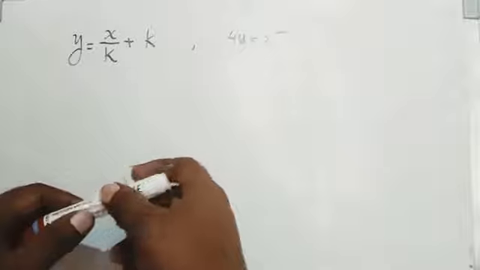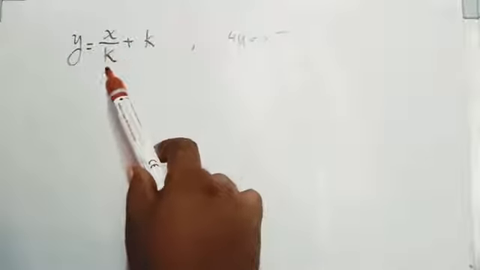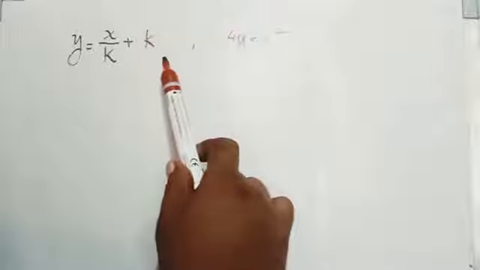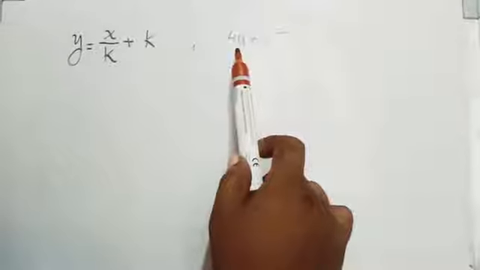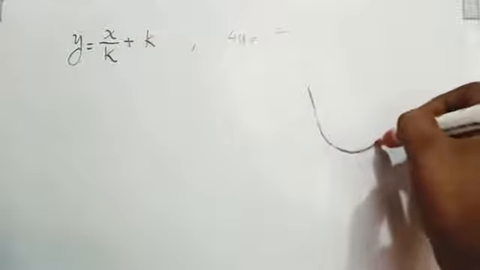As per this question, the equation of the tangent is y is equal to x by k plus k, and the equation of the curve is 4y is equal to x squared. So let us make a rough diagram.